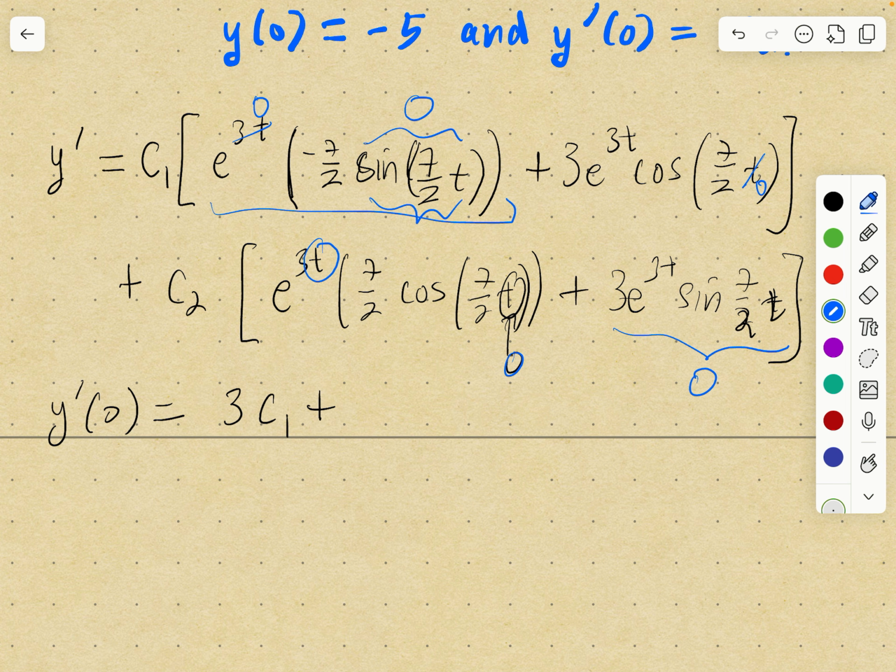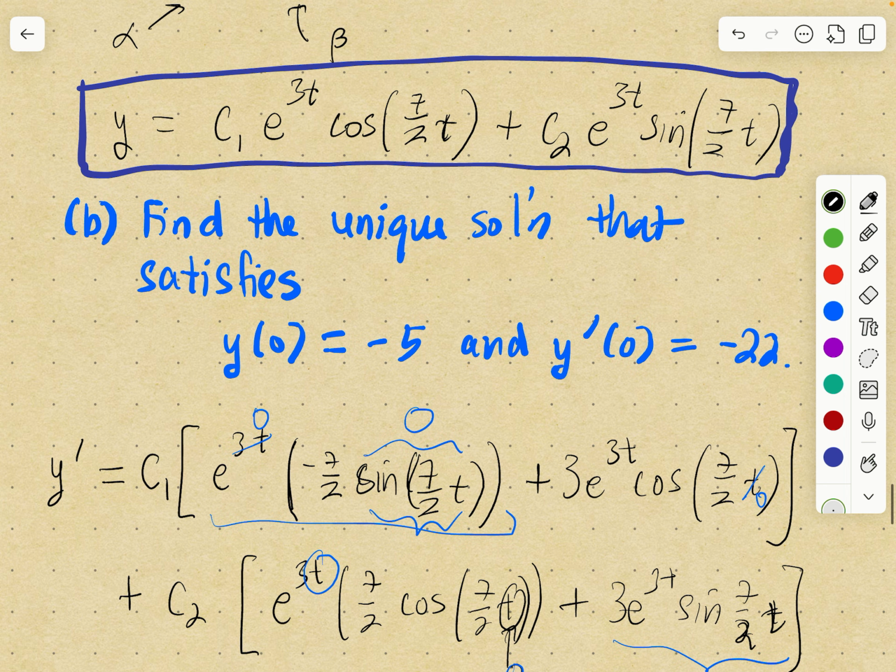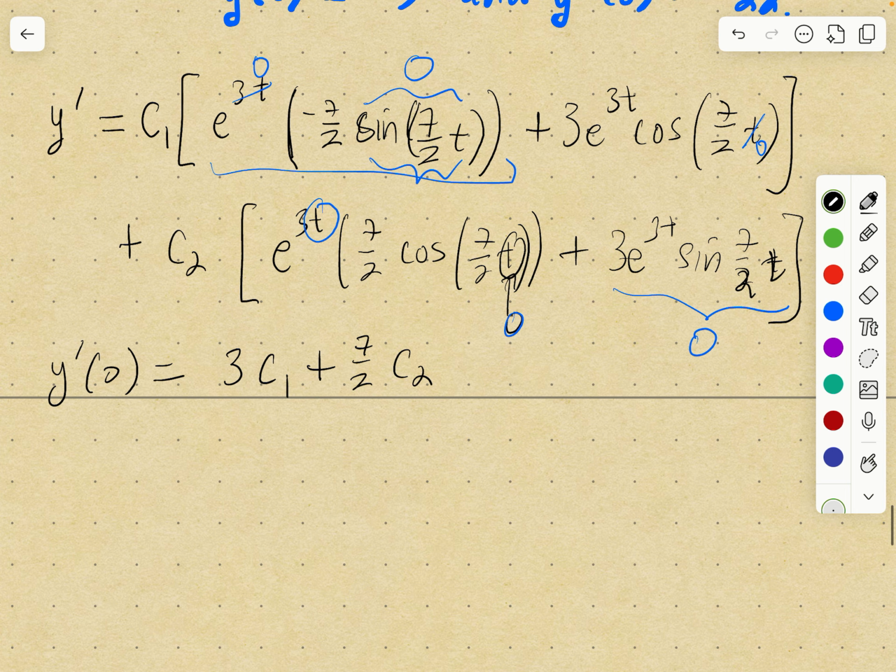So I'm going to get 7 over 2 c2. Let me double check. Yeah, I think that's right.